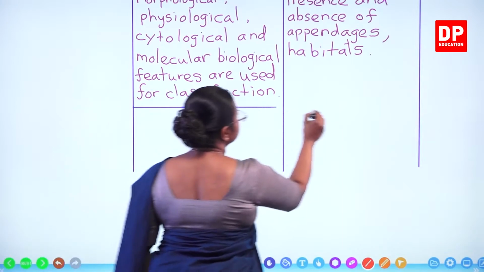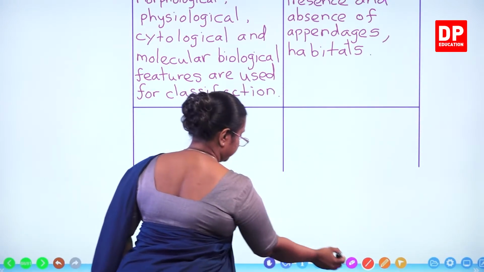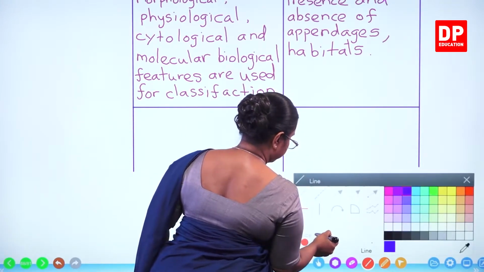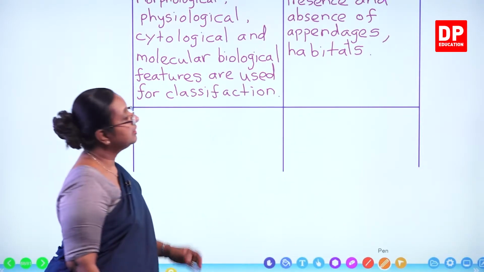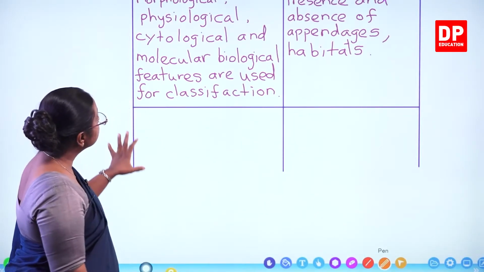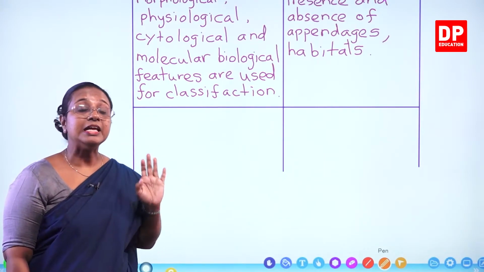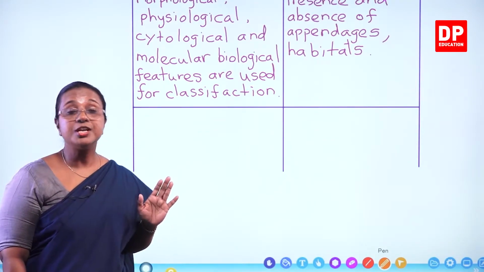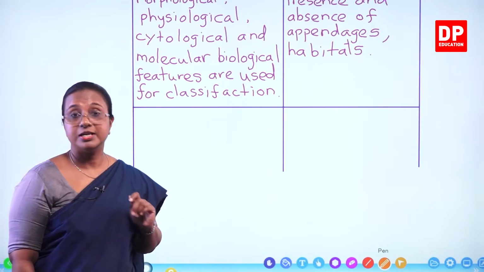Then if we consider the next characteristic, natural classification explains evolutionary relationships among organisms.